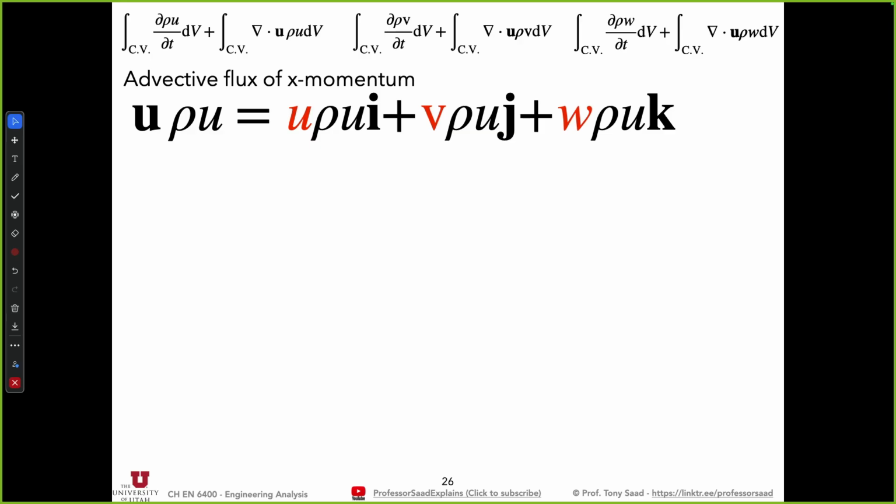Yes, it's a simplification when you are finally trying to solve the equation. But when you are trying to understand and reason about it, keep it in this form, because it's clear. It's telling you what is advecting, that's in red, the velocity vector field, advecting the x component of momentum. Clear, simple, no additional manipulation. Okay?